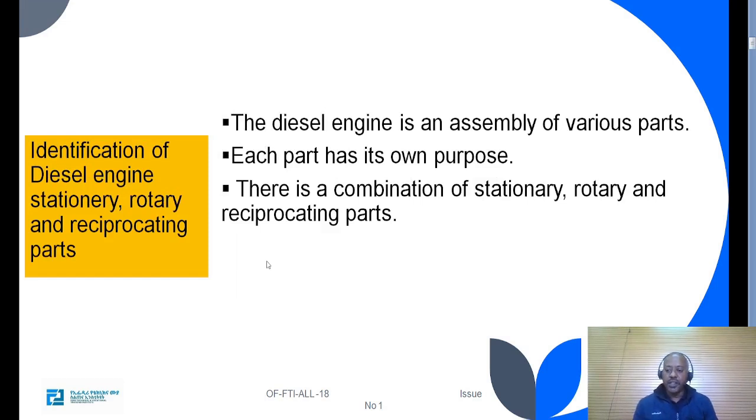Identification of diesel engine, stationary, rotary, and reciprocating parts. The diesel engine is an assembly of various parts. Each part has its own purpose. There is a combination of stationary, rotary, and reciprocating parts.